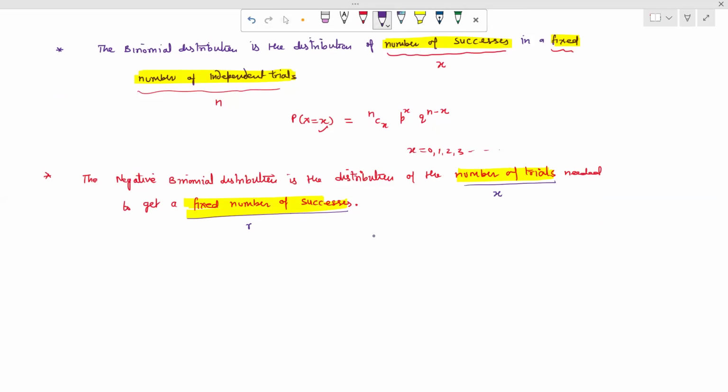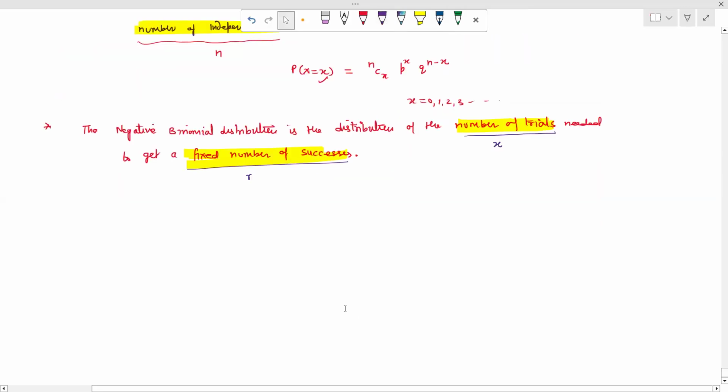So we get the rth success, meaning r successes. Let us suppose the trials are independent.